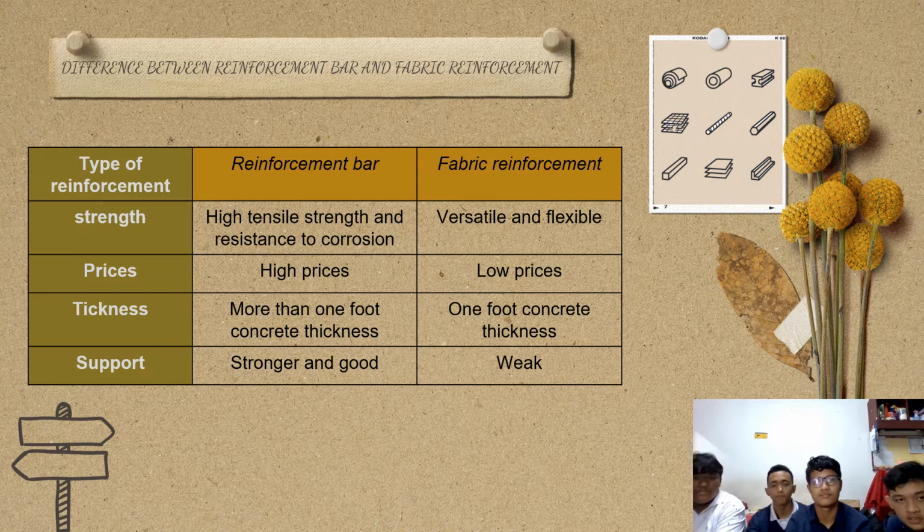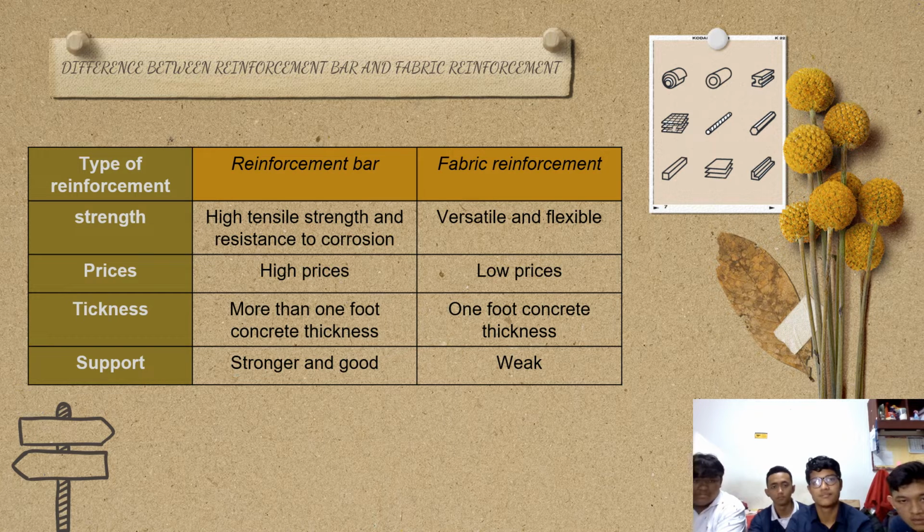So this is the difference between reinforcement bar and fabric reinforcement. The strength of reinforcement bar is that it has high tensile strength and is resistant to corrosion. Meanwhile, the strength of fabric reinforcement is that it is versatile and flexible. The price of a reinforcement bar is high, and the fabric reinforcement is lower priced.